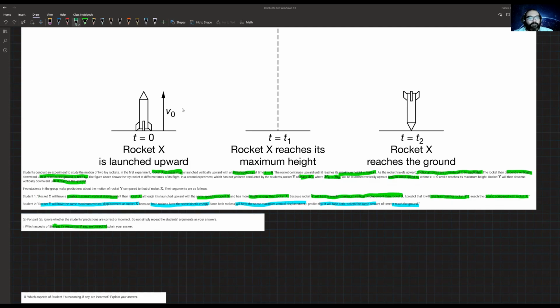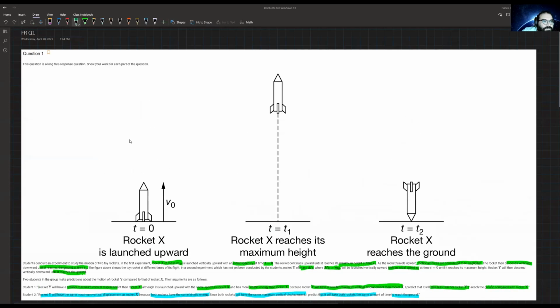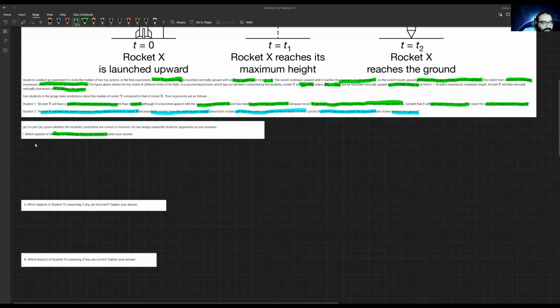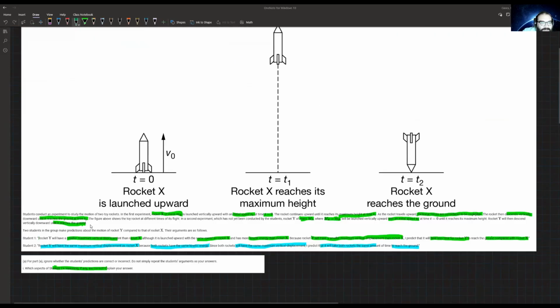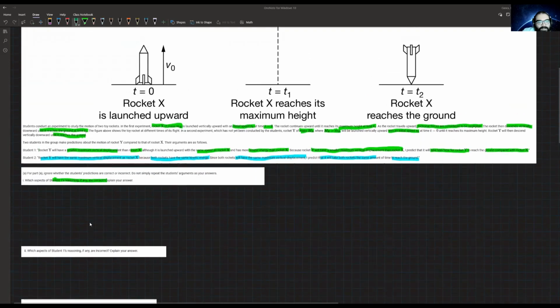We have like 5 minutes to think in our heads. This one's supposed to be about 25 minutes, and there's 8 questions, so maybe like 3 minutes. I'll give you guys maybe a minute or 2 here to think about it. Right now we have to determine which aspects of student 1's reasoning, if any, are correct.